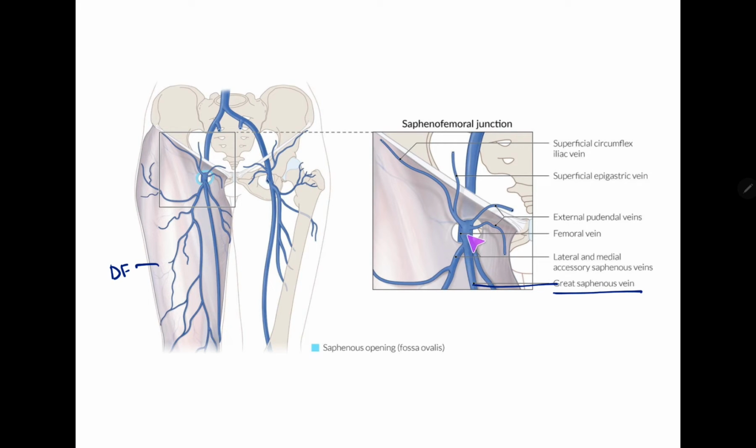And before it enters you can see that the Great Saphenous Vein receives a lot of tributaries. So now we will be discussing the tributaries. Remember that this junction where the Great Saphenous Vein enters the femoral vein is also called the saphenofemoral junction.